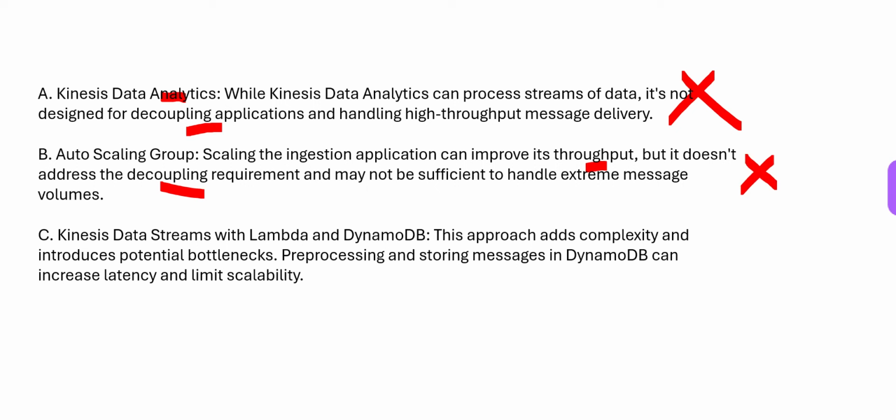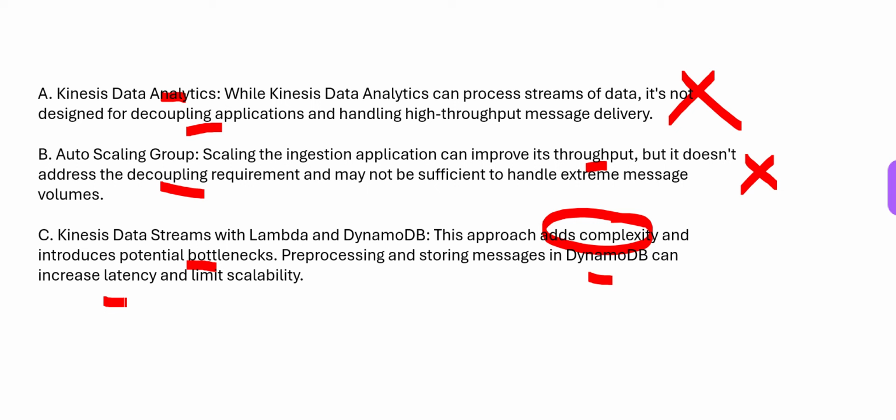Now, C, DynamoDB and Lambda. See, you are now increasing complexity. You are making things very complex. And not only complex, it is not adding value. It is creating a bottleneck. Plus you are using DynamoDB, which will increase your latency.